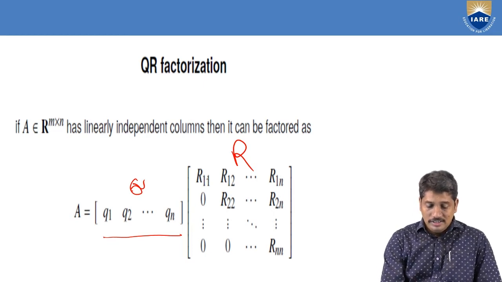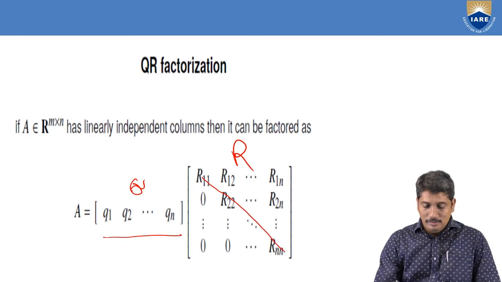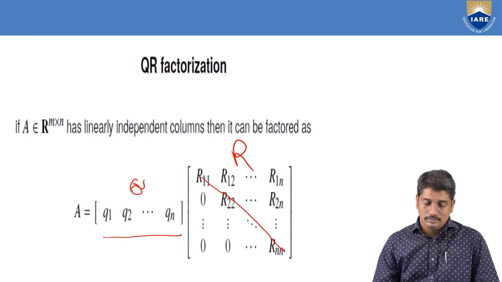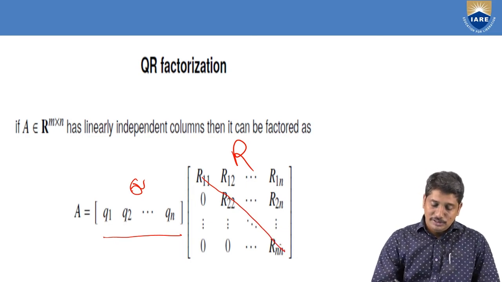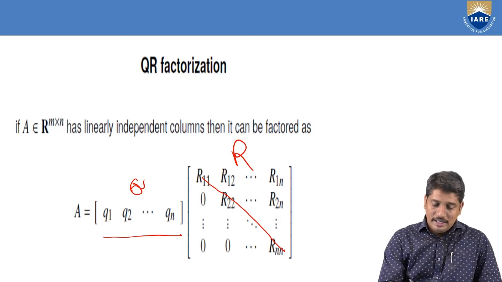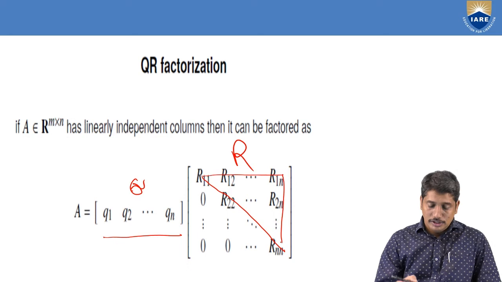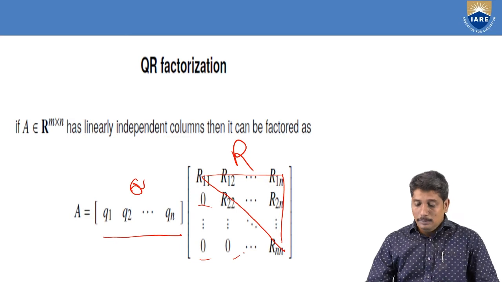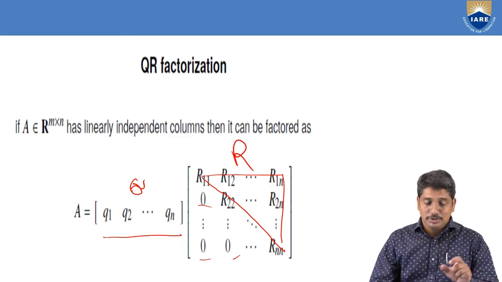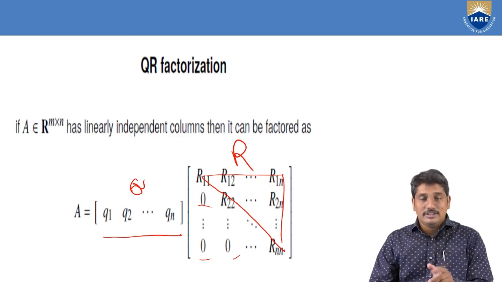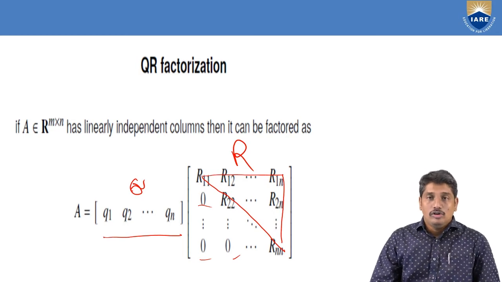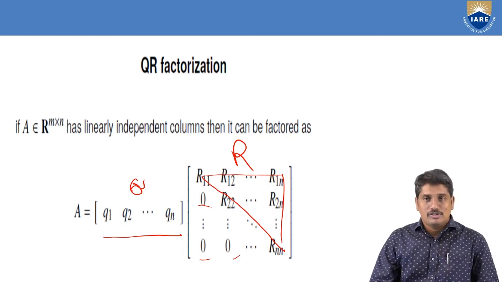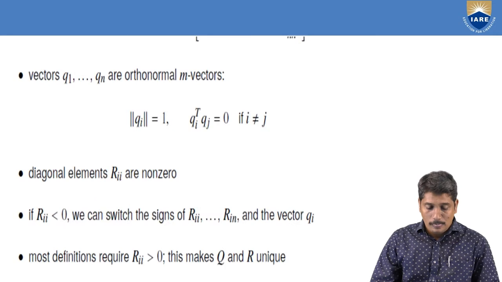You can see that the diagonal elements will be non-zeros, and the elements lying above the diagonal are also non-zeros, and the elements lying below the diagonal will be zeros. Okay, this is the behavior of an upper triangular matrix.